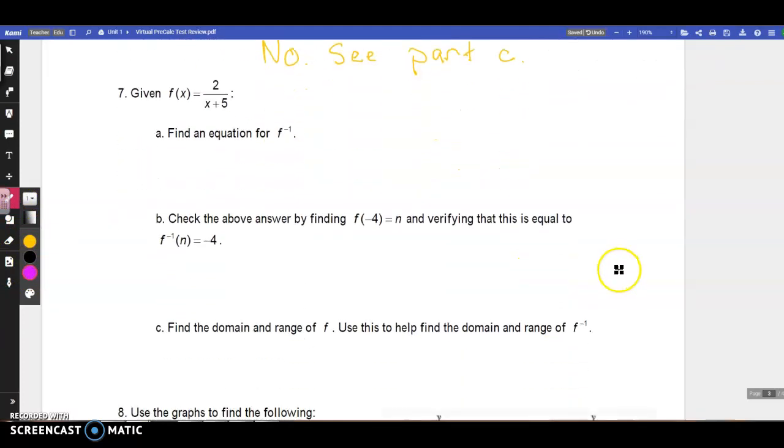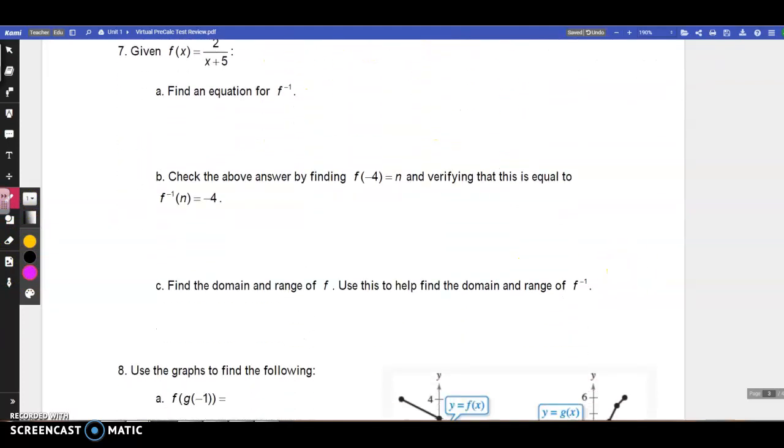All right, so number 7. First it says find an equation for f inverse. So remember my strategy is we start with our function y equals 2 over x plus 5. And to find the inverse, we switch the x and the y and solve for y.